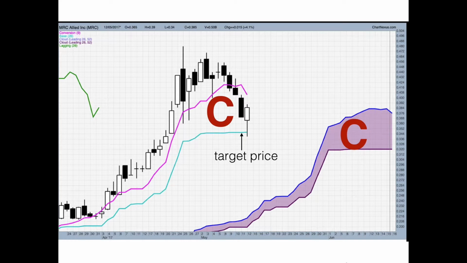You would see that Ichimoku always wants to go back into equilibrium. So if you have a market like this, only one of two things can happen. First, the price could go down to force the Tenkan-sen and Kijun-sen to get closer together. Two, the price moves sideways until the Kijun-sen is able to catch up.